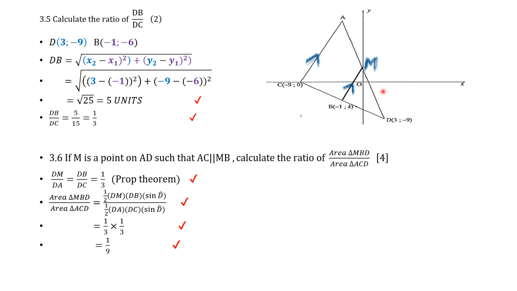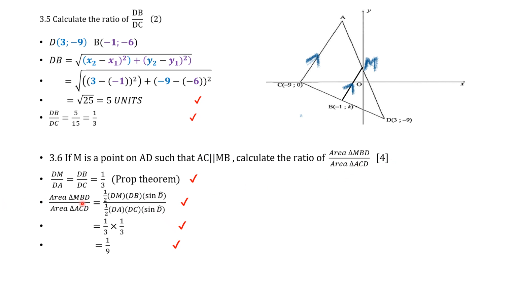Short over long or short over short. So TM over TA, short over long, must equal short, which is TB over TC. Which in this case, remember TB over TC there was 1 over 3. So according to the proportionality theorem, they both then equal 1 over 3.